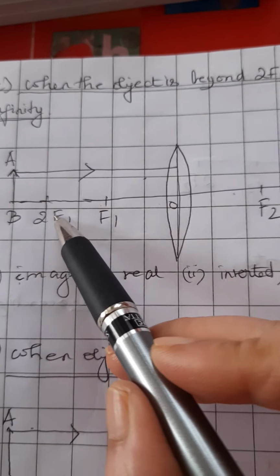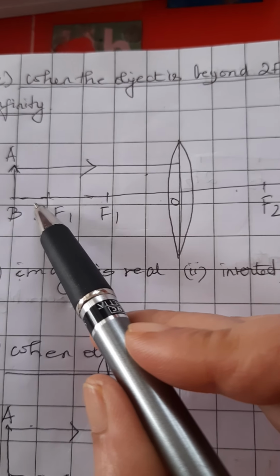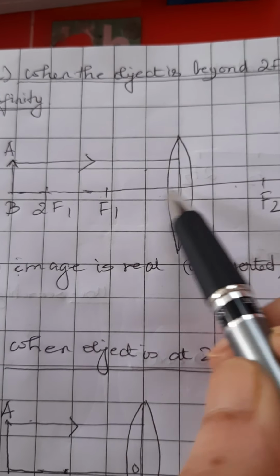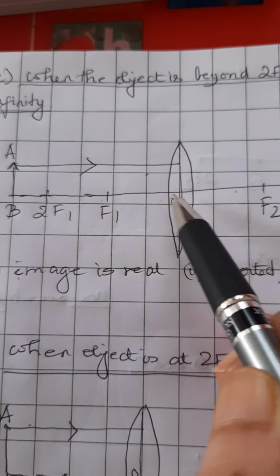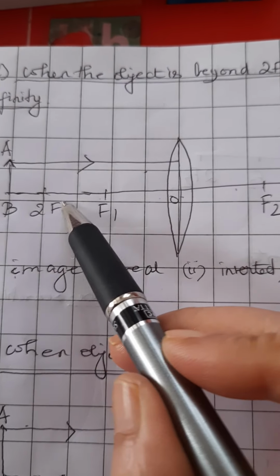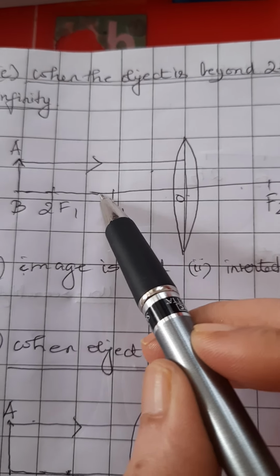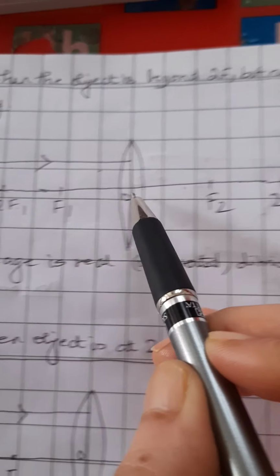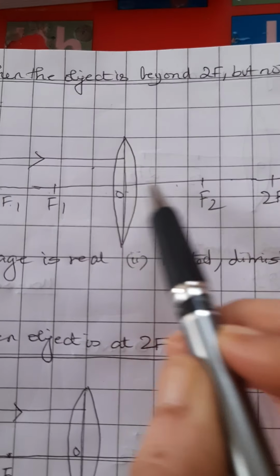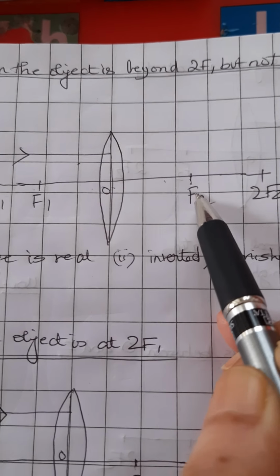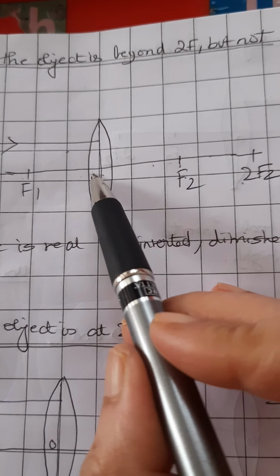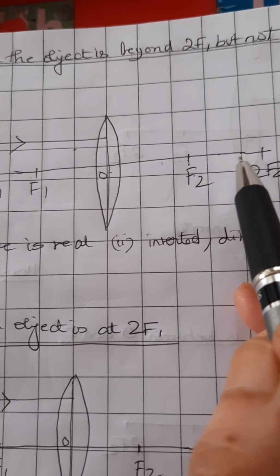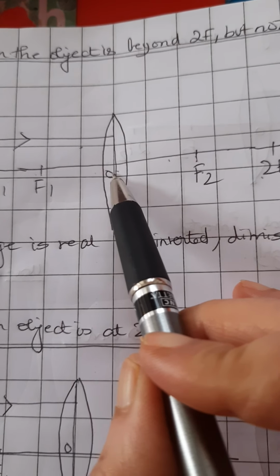From O to F1 is the focal length, then F1 to 2F1 is the same distance, twice the focal length. And on the other side I have F2, the second principal focus, and 2F2, the same distance from F2 as from O to F2.